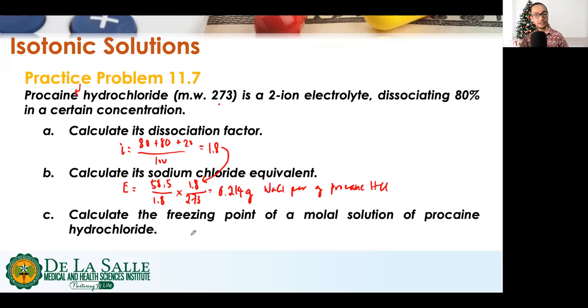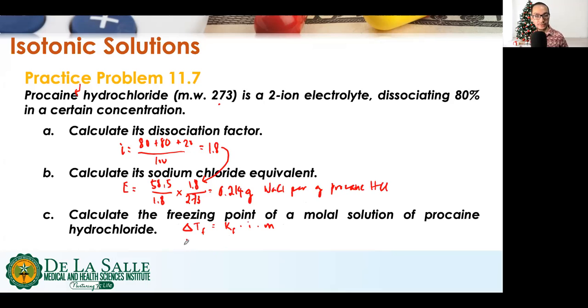Next is calculate the freezing point of a molal solution of procaine hydrochloride. Now remember that the freezing point depression ΔTf is equal to Kf times i times m. Actually, from here you can already compute for the freezing point of the substance.